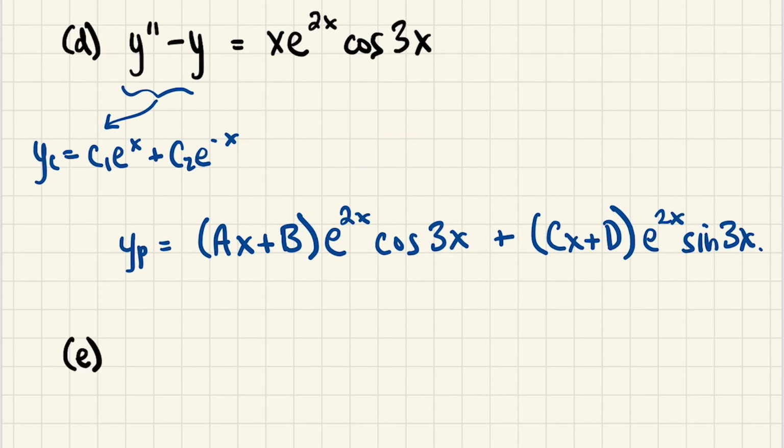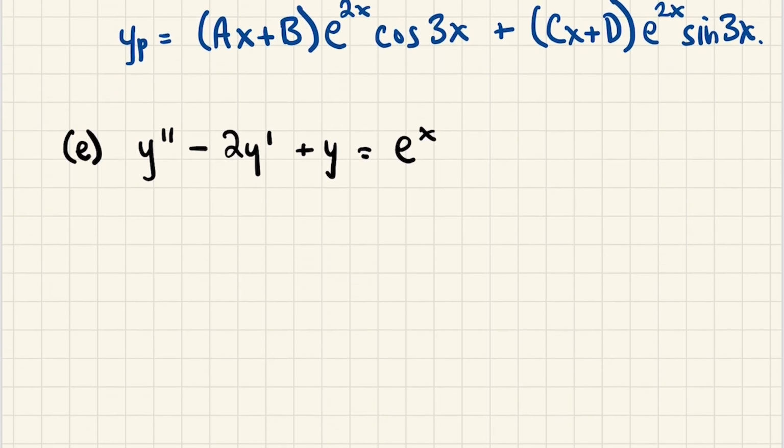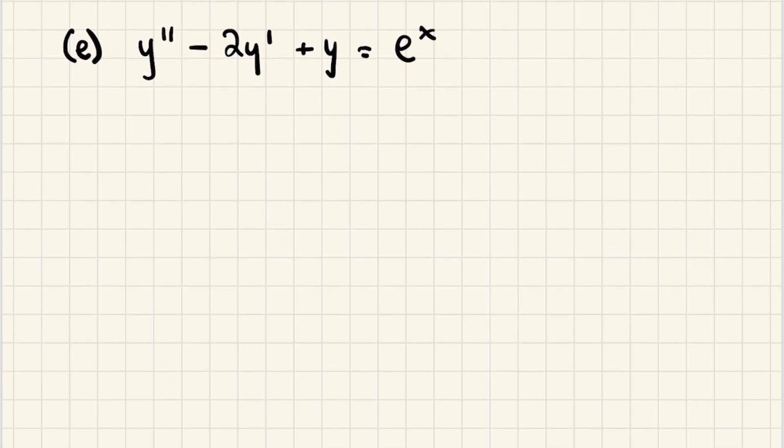Okay, what about this one here? y double prime minus 2y prime plus y equals e to the x. All right, well, finally we have a different complementary solution to work out, so let's quickly do that.